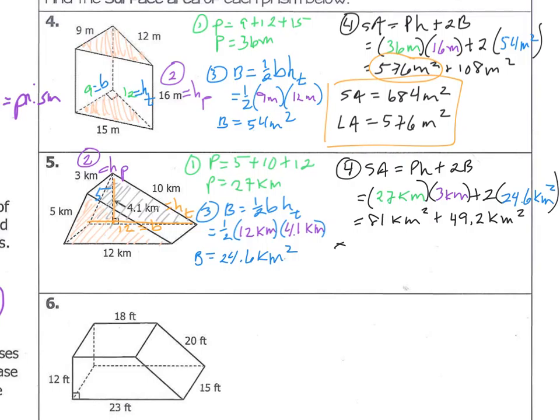So total surface area, add those together, 130.2 kilometers squared.